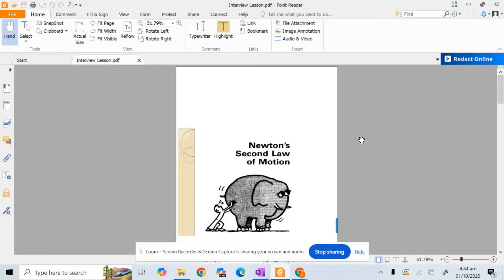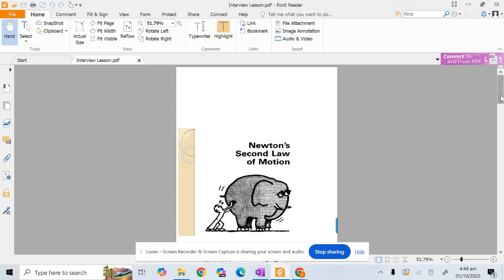So today we will discuss a very important topic in IB physics, which is all about Newton's second law of motion. Newton's second law of motion is all about the motion of objects, through which we discuss and measure different quantities by analyzing its equation.